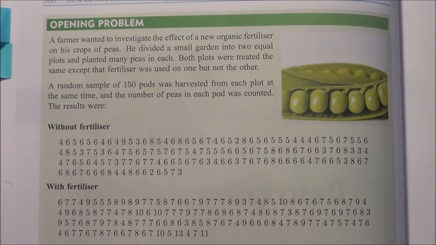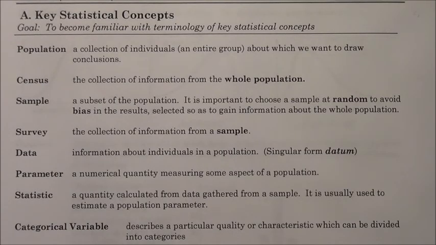Okay, so let's start going through what these key statistical concepts are. On pages 500 through 502, all the statistical concepts are written out in your textbook. I'll just briefly go through these right now.